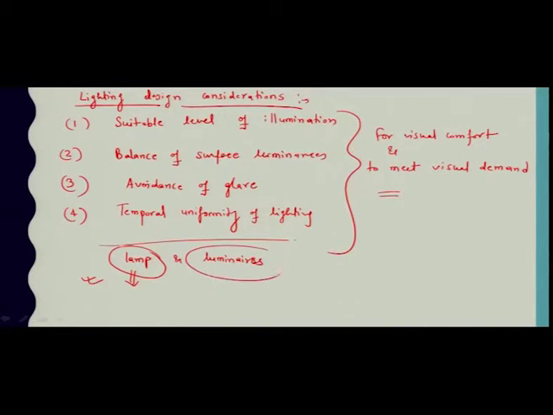A luminaire is a complete lighting unit. It may include one or more lamps, reflectors and other apparatus to distribute the light, and a means to connect it to the power supply.